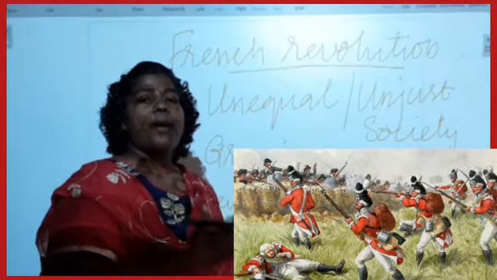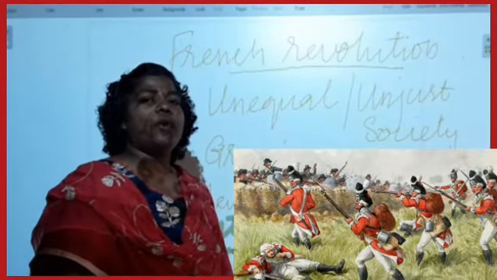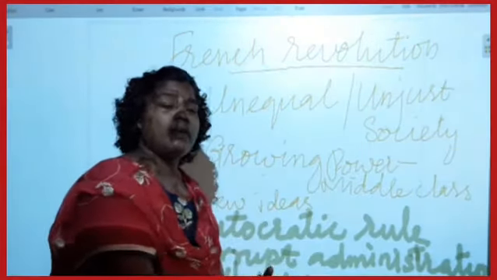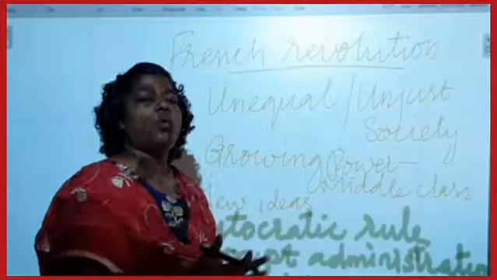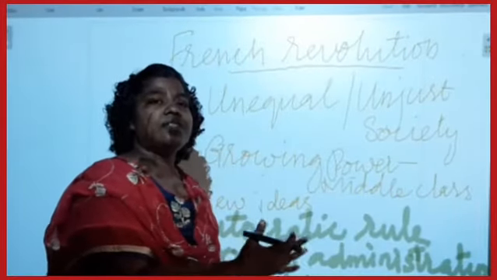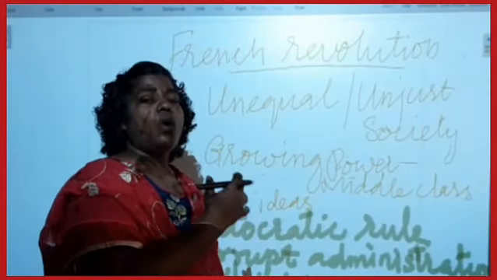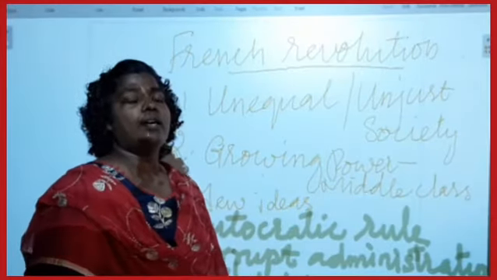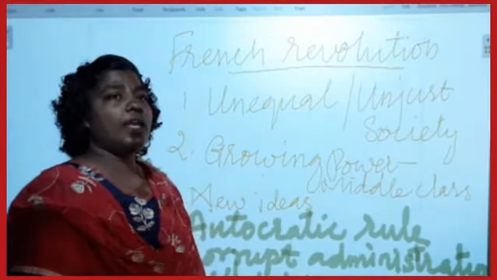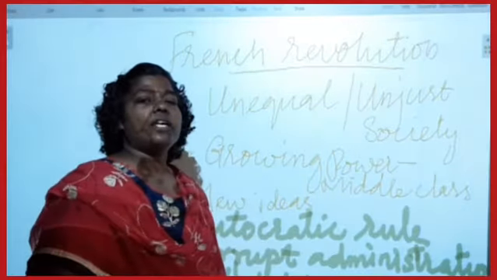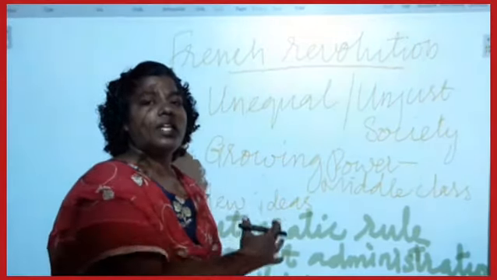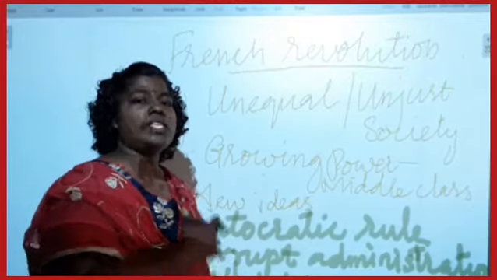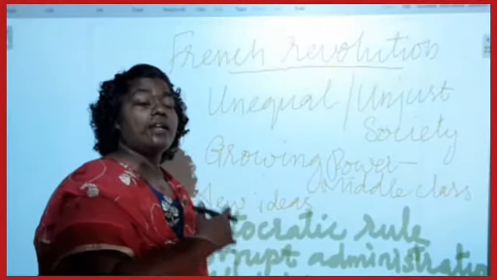A lot of money was spent to support the rebels in the war against Britain in America. That was also another reason for the French Revolution. All these things affected only the common and ordinary people in society, which made them rebel against the government.